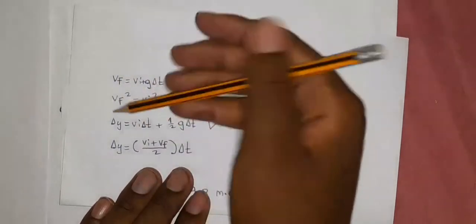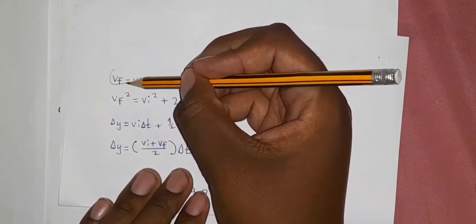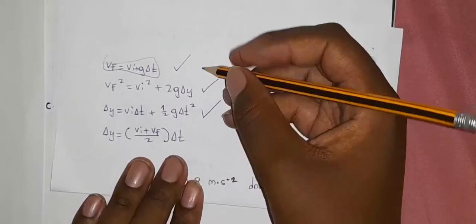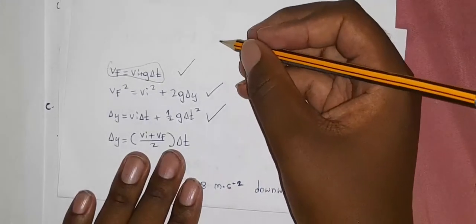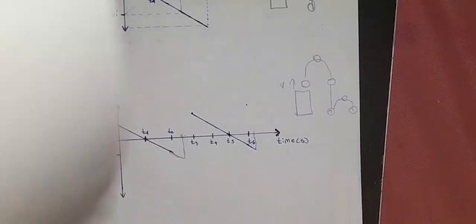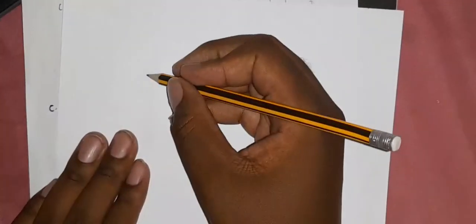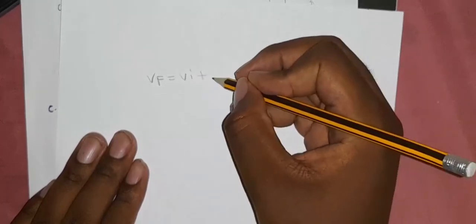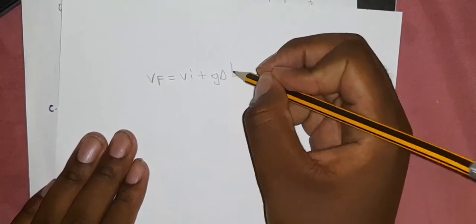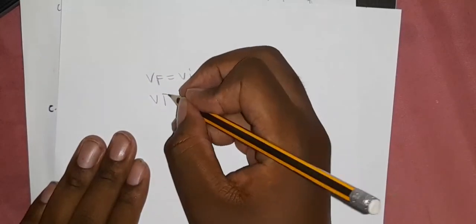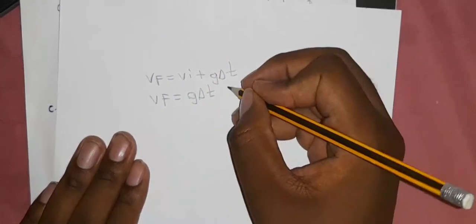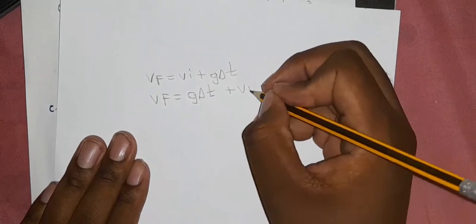We are talking about this formula here. Let me write it in a different way, but I'm not changing anything. Vf is equal to Vi plus g changing t. It's g changing t plus V initial.